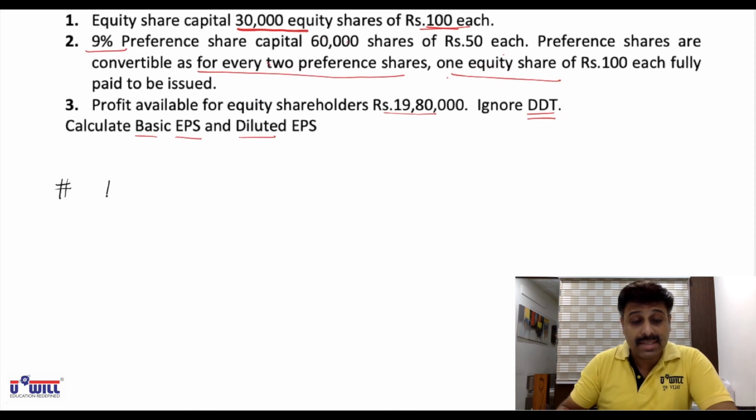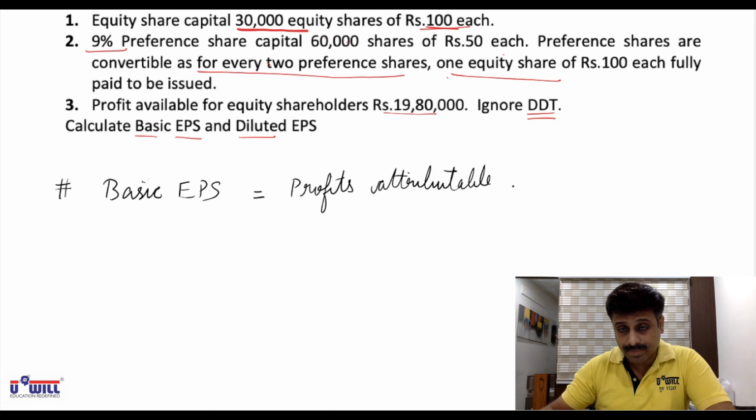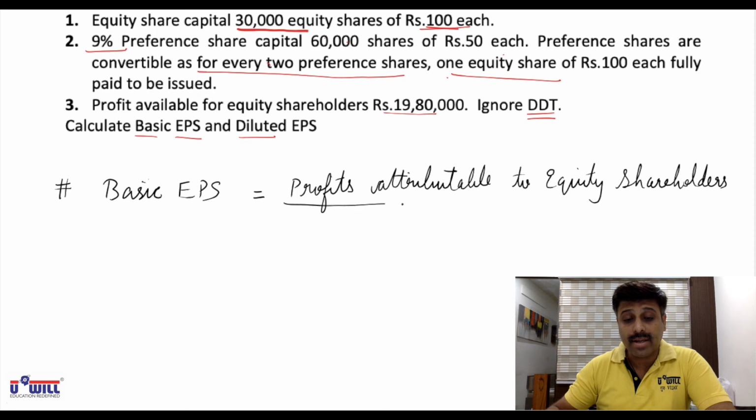Basic EPS is equal to profits attributable to equity shareholders divided by weighted average number of equity shares.